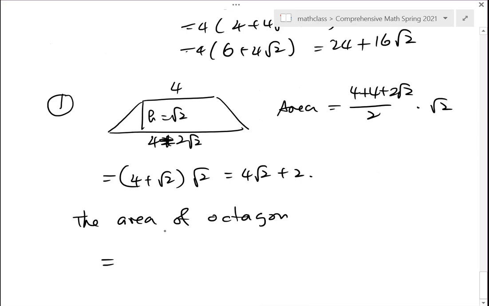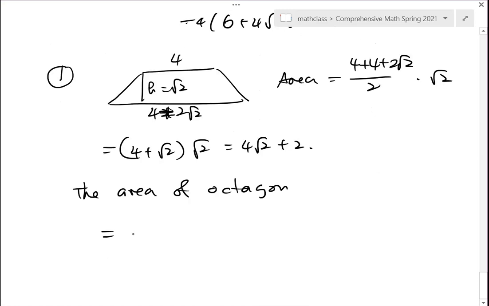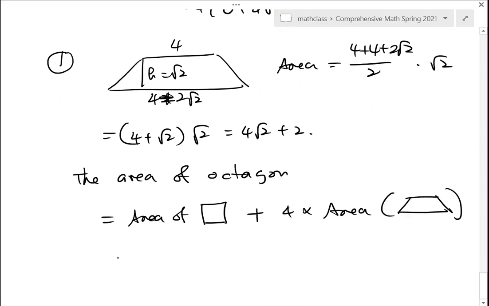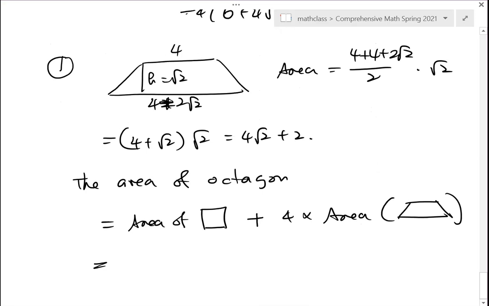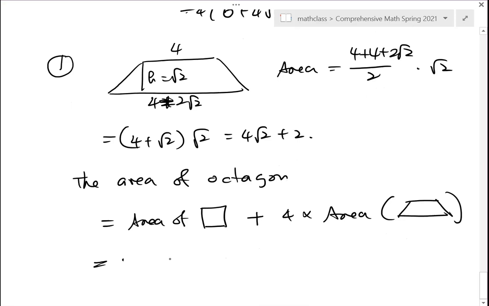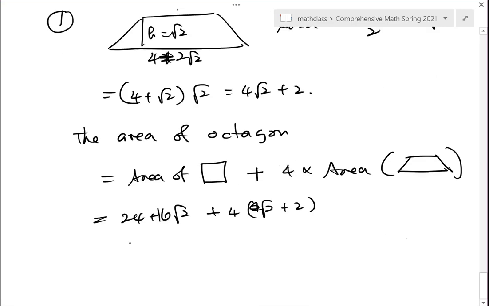So the area of the square plus 4 times the area of the trapezoid. Okay, so it's going to be, right? You have 24 plus 16 square root 2, and here 4. So let's multiply this out.